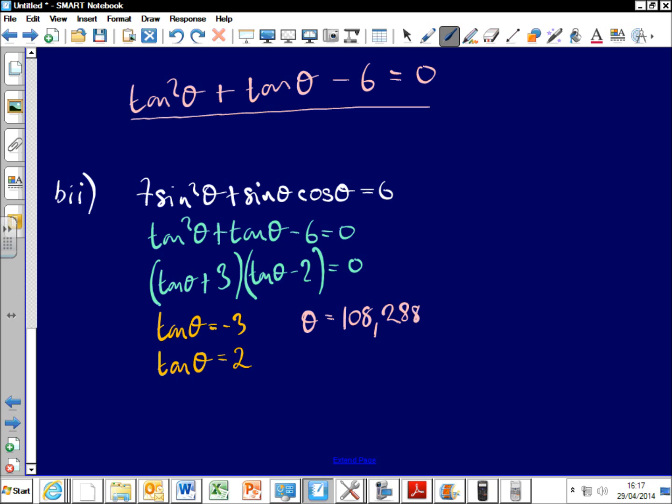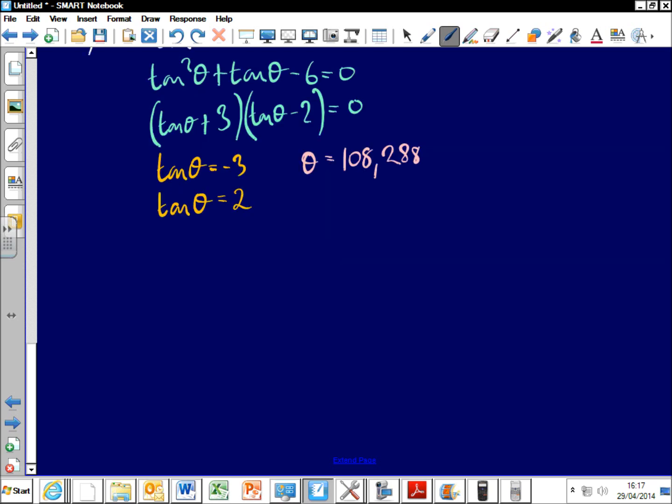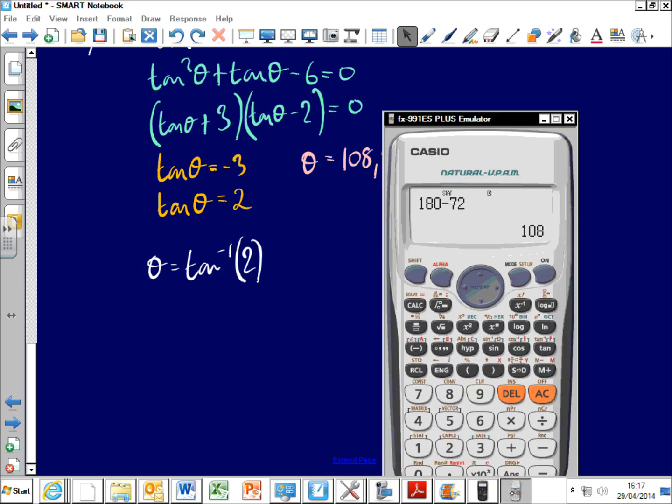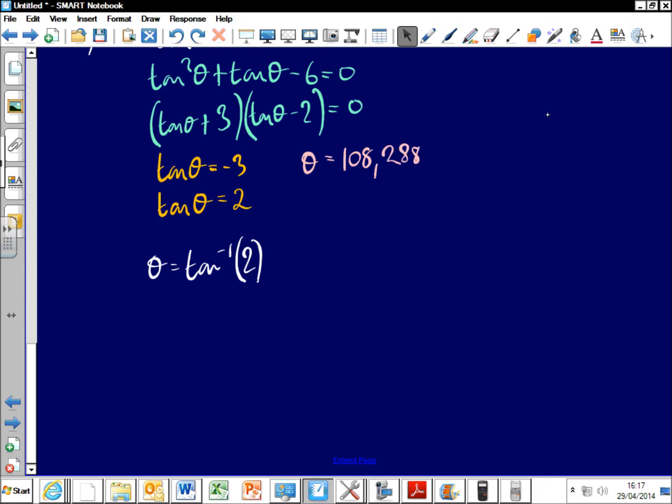So all I've got to do now is just solve tan theta equals 2, which I do exactly the same way as I did at the start. Theta is the inverse of that. I just do it on my calculator. So inverse tan of 2, 63.43.